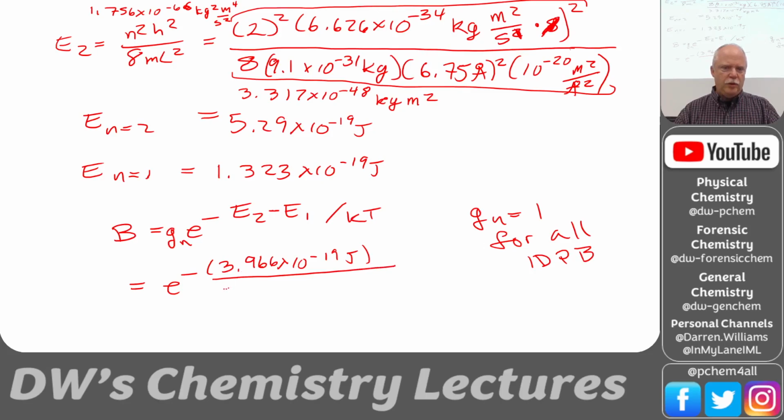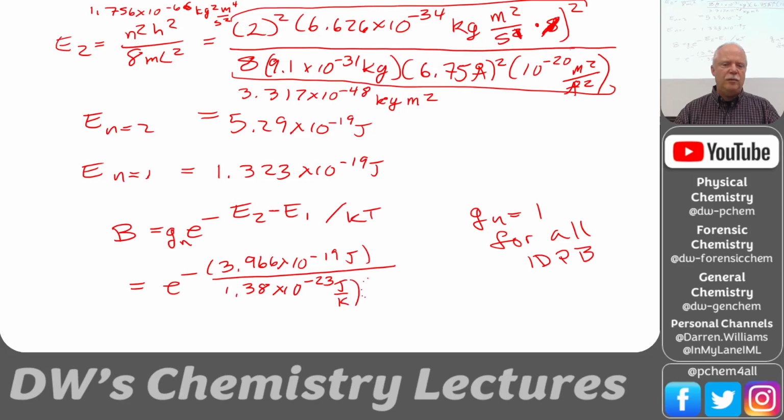All right, so then what's Boltzmann's constant? Going from memory, 1.38, okay. Boltzmann's constant, 1.38 times 10 to the minus 23 joules per Kelvin.